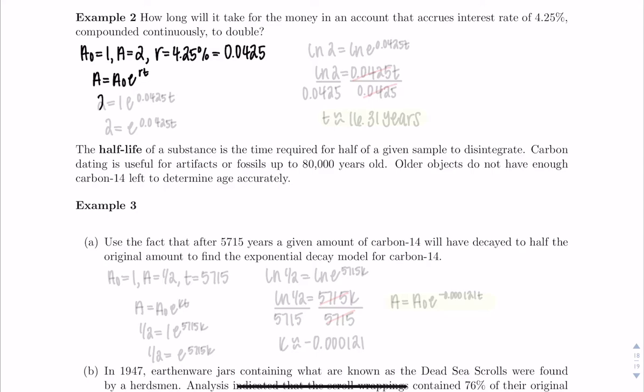So we have 2 equals 1 e to the 0.0425t, but that's really just 2 equals e to the 0.0425t. We want to take the ln of both sides.